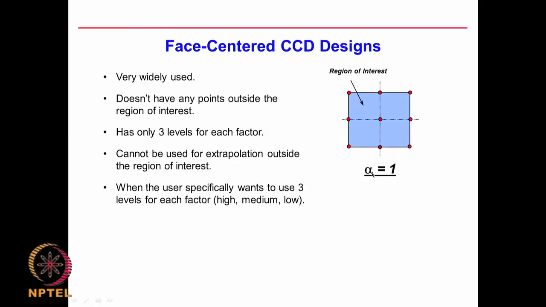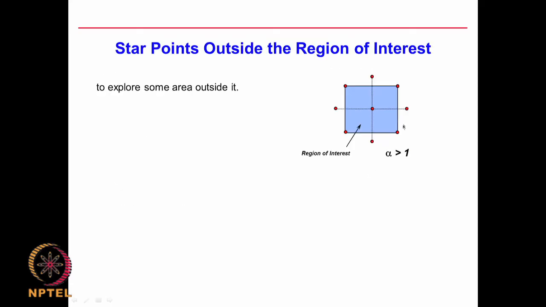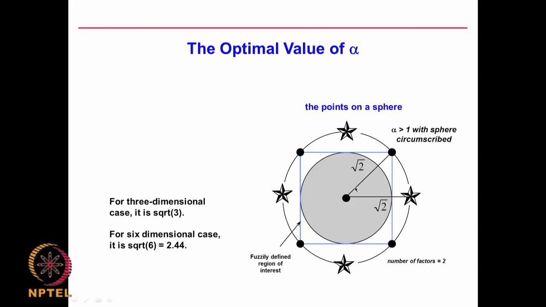So, here we can say the star point, if we call it alpha, if alpha is 1, those points lie right on the edges, whereas if alpha is greater than 1, they are beyond the square. So, we are exploring beyond the square, that is what it is all about in this type of design. And this is for a 2 raised to the power 2, that means if you have 2 parameters.